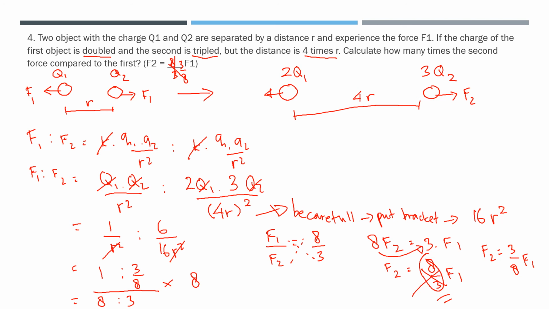So after you do these questions, check again using your logic. Is your answer correct or not? Does it make sense or not? It's impossible for the object that has a larger distance to produce the bigger force, because we know that distance and the force are inversely proportional to the square.